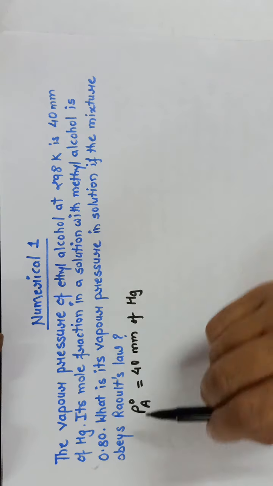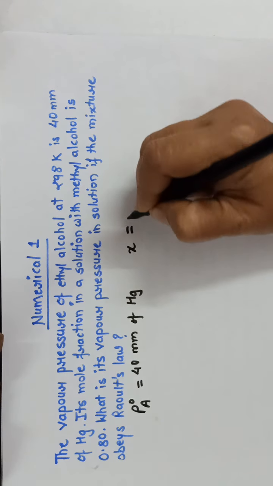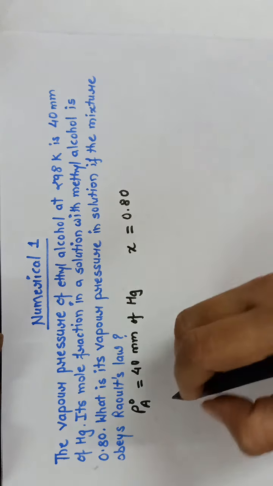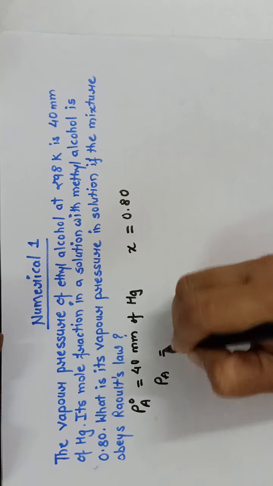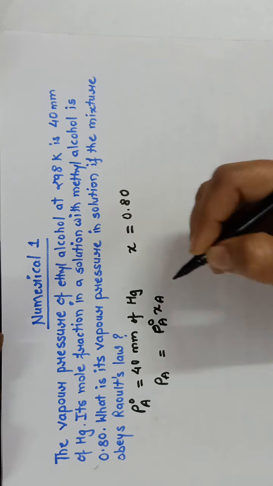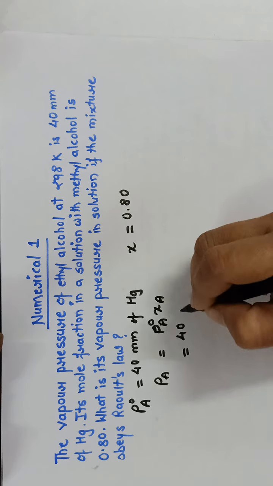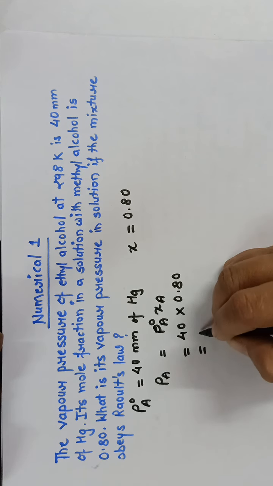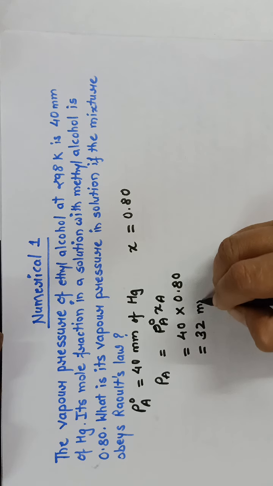Now, the mole fraction is given, 0.80. We know the formula: PA equals P0A XA. Substituting the values, we directly get the answer, 32 millimeter of mercury.